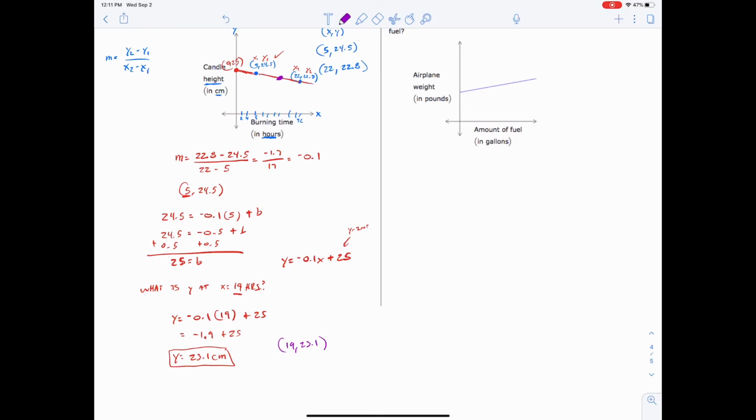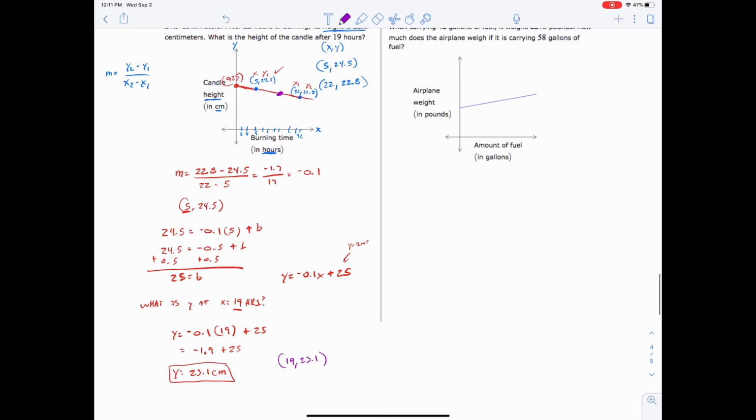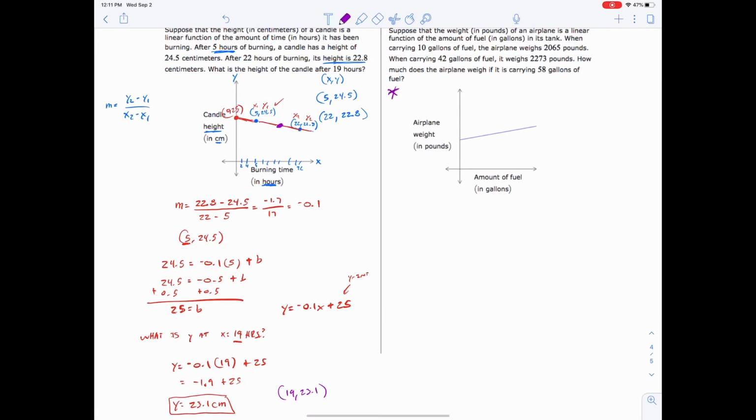There's a lot of steps. I would highly recommend that you try to do this whole problem on the left-hand side on your own for practice, and then just see if you could do it almost off memory. And then try the one on the right-hand side. Do it however you please, but there is a lot that goes into this, and just copying what I did doesn't necessarily mean that you understood it.